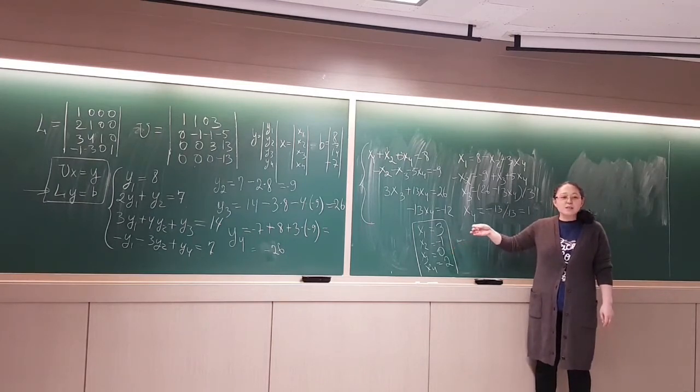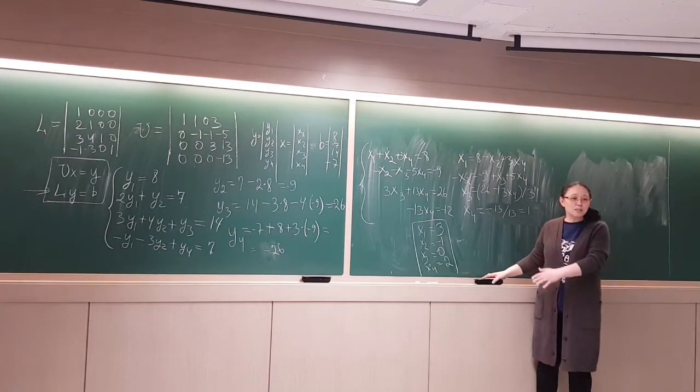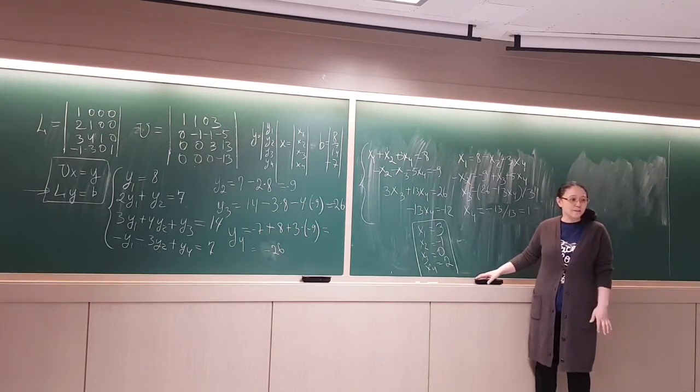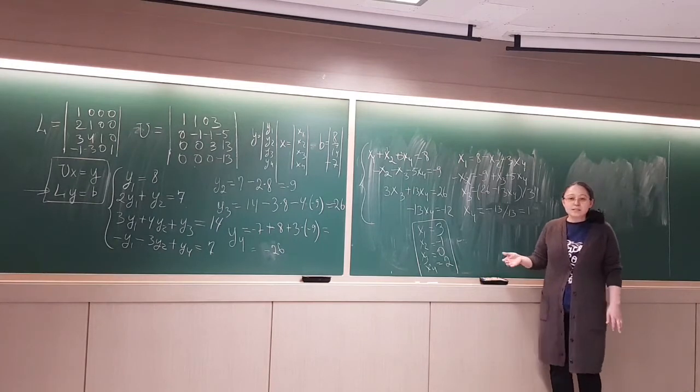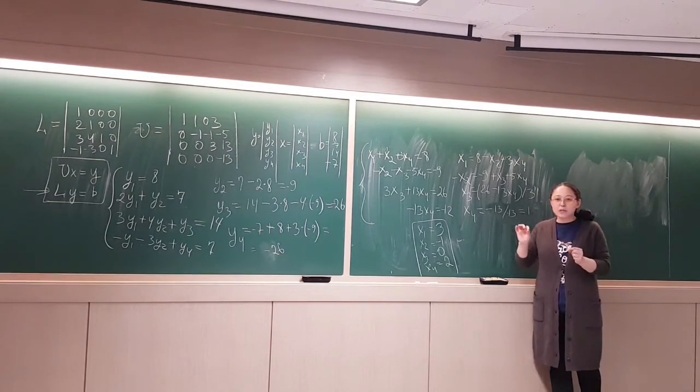How do we know if it is correct or not? It's the solution. How can we know? Because of this kind of mistakes, sometimes we can change minus to plus, right?